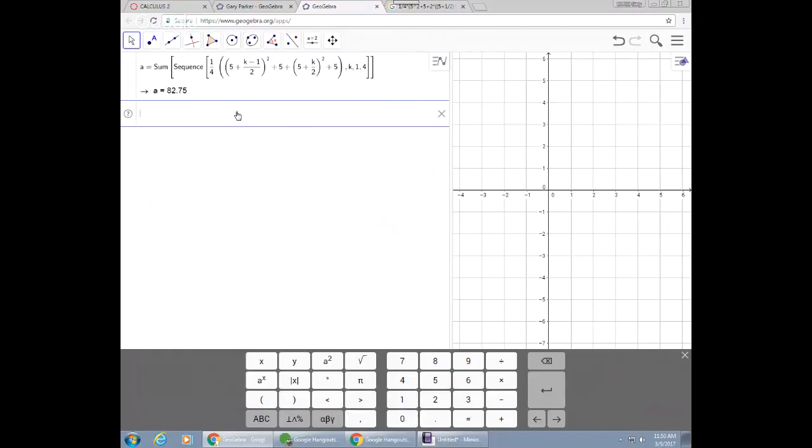Why isn't it typing? There we go. X squared plus 5. And once I enter it, it says your f. So up here, I could just say f of this number, f of that number. So for a complicated function, it's worth my while to do that. And sometimes it's not a bad idea to separate the sequence from the sum.